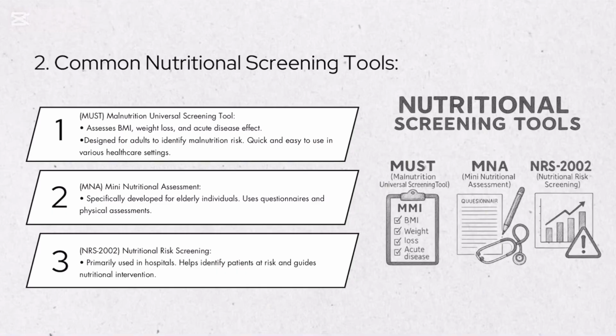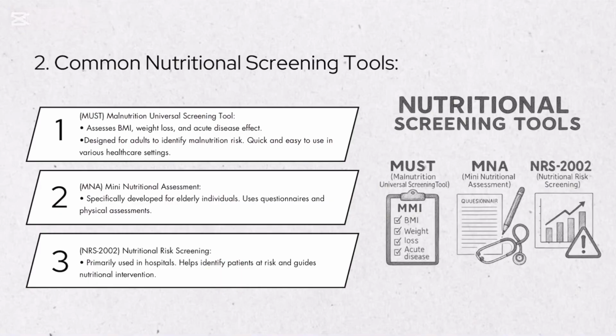Second, the Mini Nutritional Assessment, or MNA. This tool was specifically developed for the elderly. It combines a dietary questionnaire with physical assessment to evaluate nutritional risk in the elderly, who are particularly vulnerable to malnutrition. Third, we have the Nutritional Risk Screening tool from 2002, known as NRS 2002.